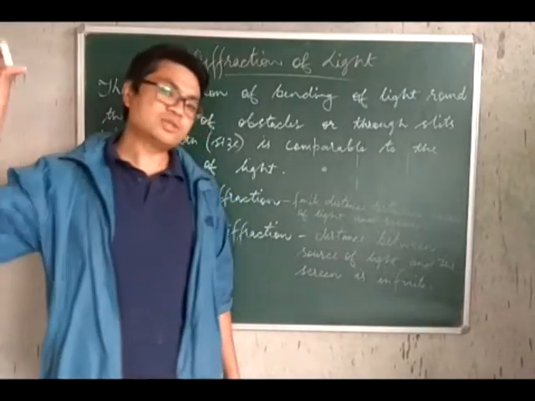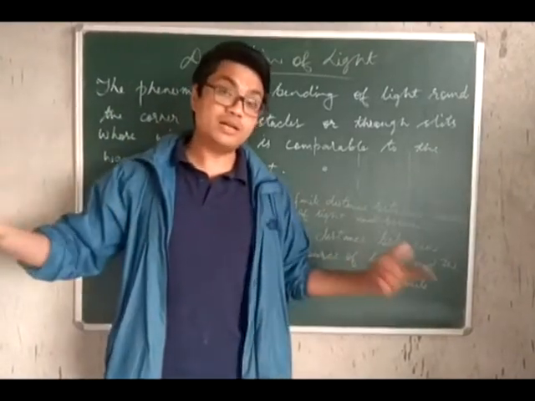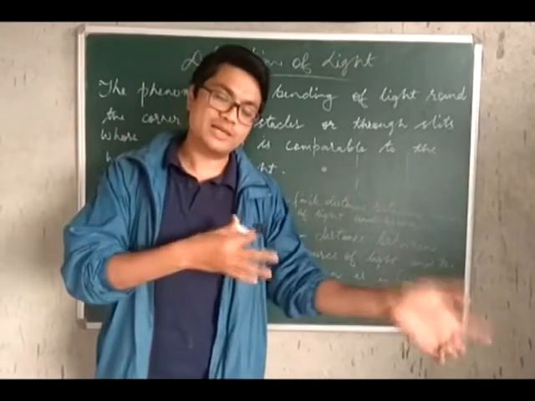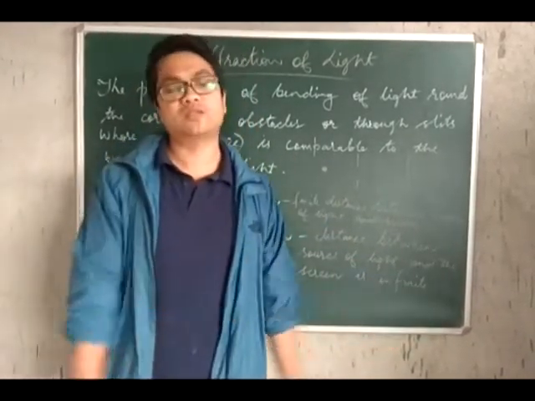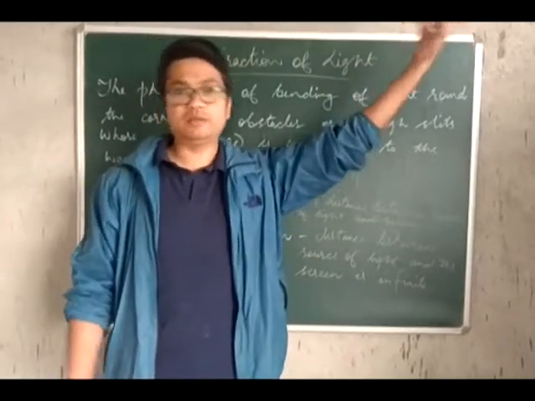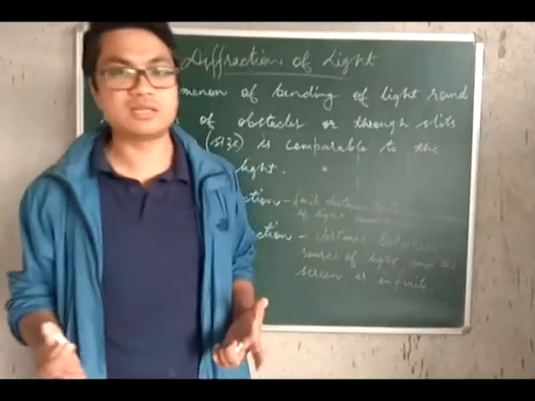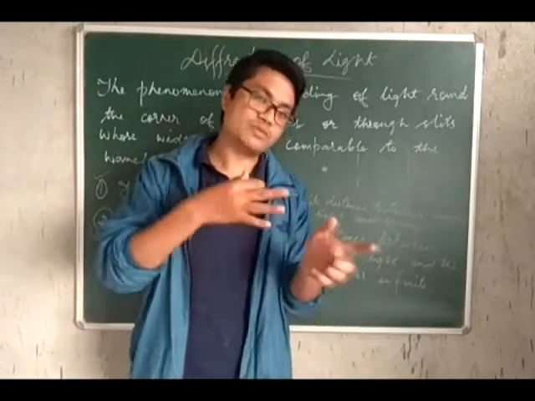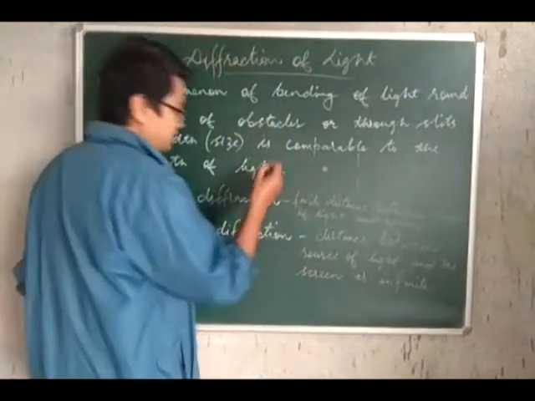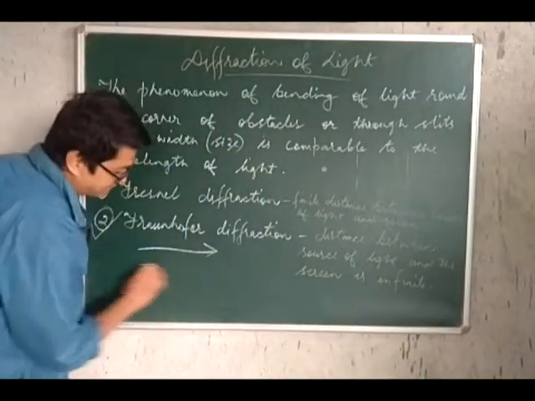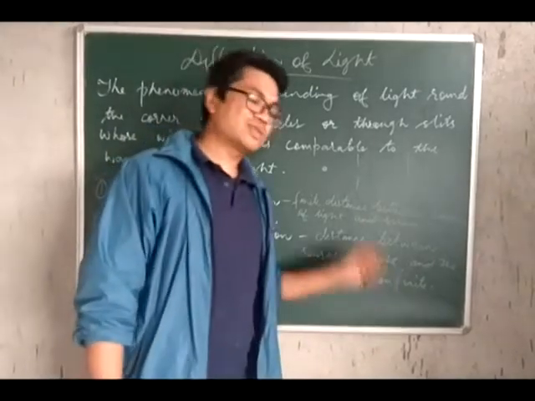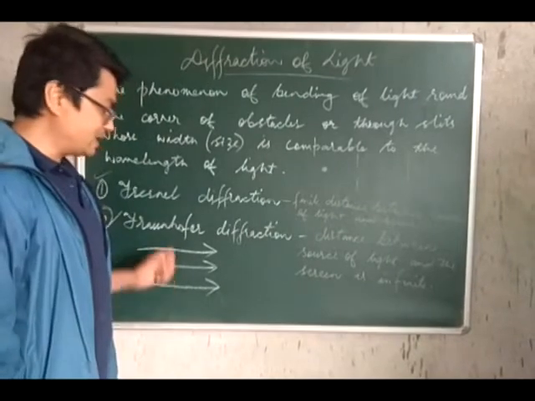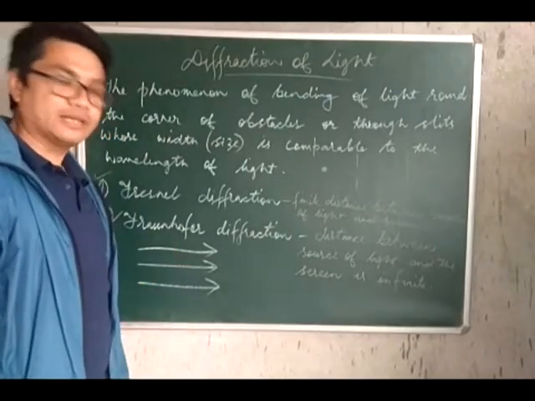Now, if the source of light is at infinity, then what kind of rays of light do we get? The kind of rays that we get is parallel rays of light. We can consider the sun to be at infinite distance away from us. So the rays of light that we get from the sun, we can consider to be a parallel beam like this. So if the source of light is at infinity, we should be getting a parallel beam of light like this.